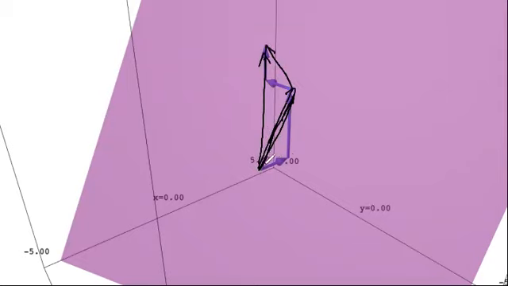And notice that if we take the projection of this one plus the projection of this one, so the projection of this one onto the vertical and the projection of this one onto the vertical, and add those two together, we end up getting the projection overall from here to here onto the vertical.